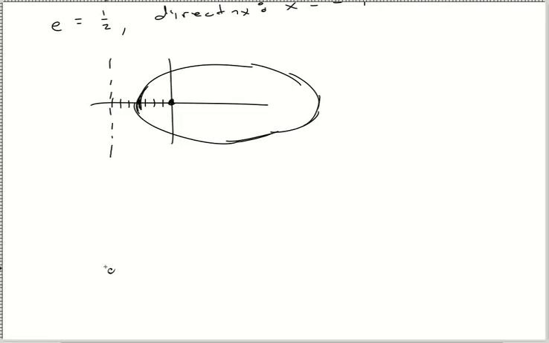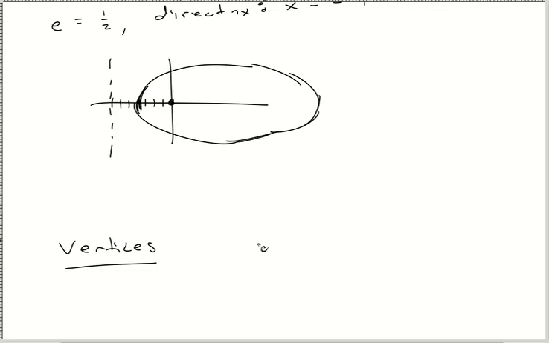But they're now going to ask for vertices. And I'm looking at the answers here. Oh, and they want the center. Oh my gosh, and also major and minor axes.